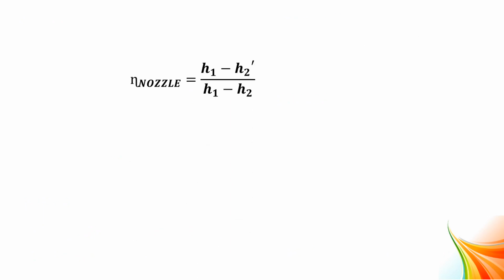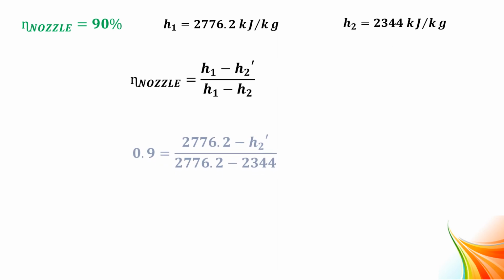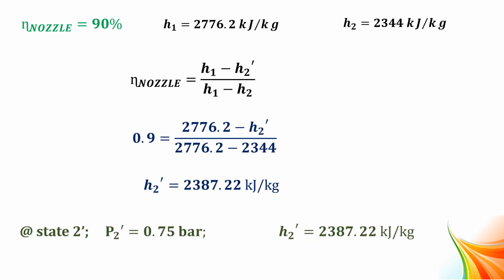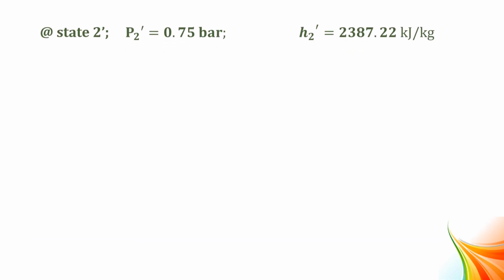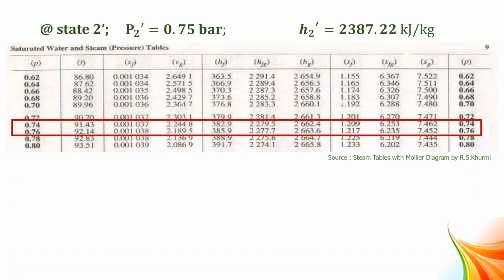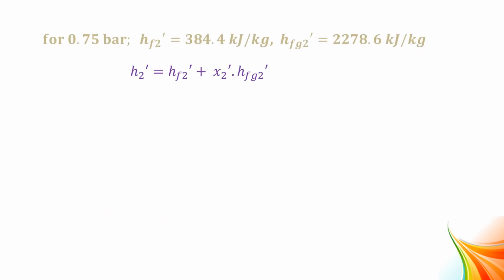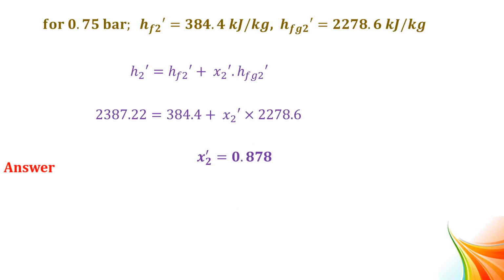This is the nozzle efficiency formula. H2 dash we are finding, P2 dash we know, H2 dash and the dryness fraction. At 0.75 bar we have to do interpolation, and we find X2 dash as 0.88.